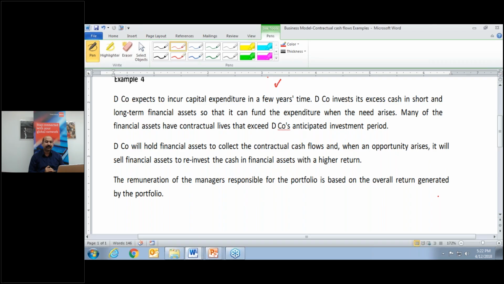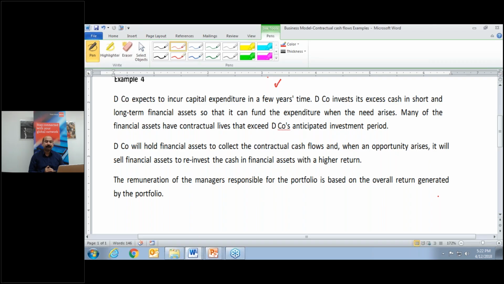Many of the financial assets have contractual lives that exceed D company's anticipated investment period. D company will hold financial assets to collect the contractual cash flows, and when an opportunity arises, it will sell financial assets to reinvest the cash in financial assets with a higher return. The remuneration of the managers responsible for the portfolio is based on the overall return generated by the portfolio.